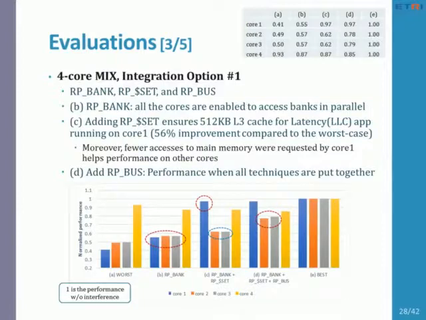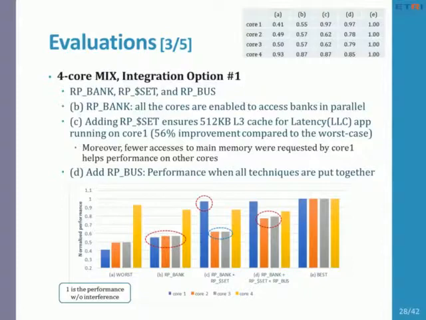And the best performance means the performance when there is no interference, when we executed an application alone. From the worst case, as we apply the partitioning of memory banks, we see that performance improved about 10%. It is because the cores are enabled to access memory banks in parallel.